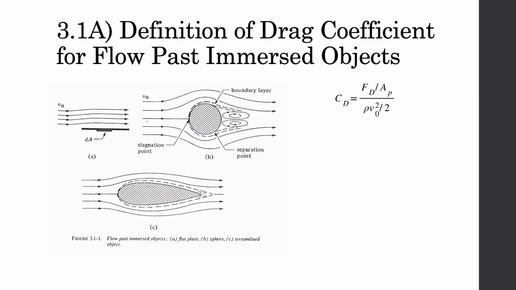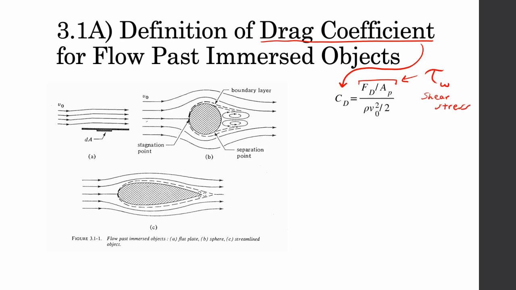So let's look at some equations. This is an equation for the drag coefficient, in which we have the net force over the area of the object, and we can rewrite this in terms of shear stress with this tau symbol right here. This is basically just shear stress.